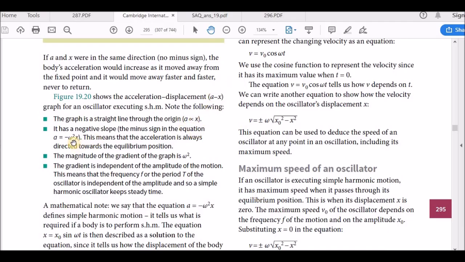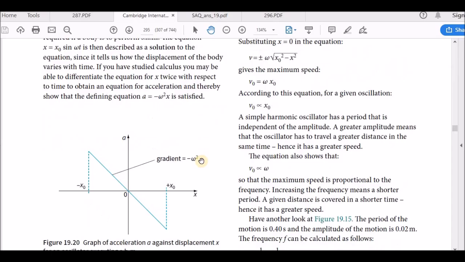See, we converted this into an equation. The constant of proportionality was omega squared. So A equals minus omega squared x, proportional to minus x. So the magnitude of the gradient of the graph A versus x is omega squared.